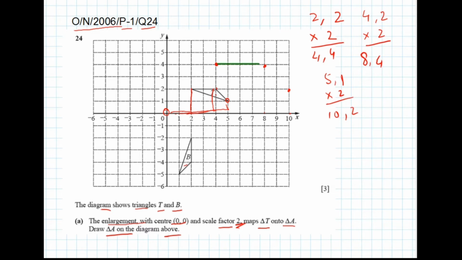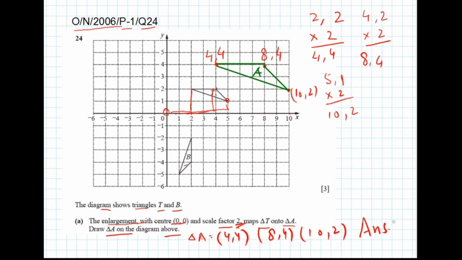Now joining the three vertices, we get the required triangle as shown. The coordinates of triangle A after enlargement from the origin are (4, 4), (8, 4) and (10, 2). So this is our answer.